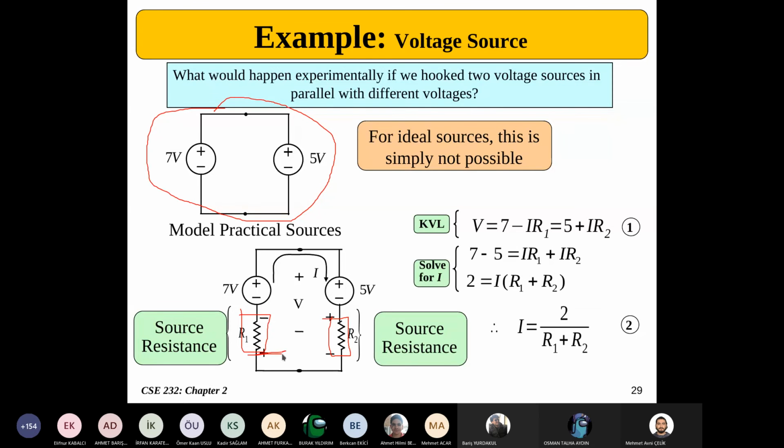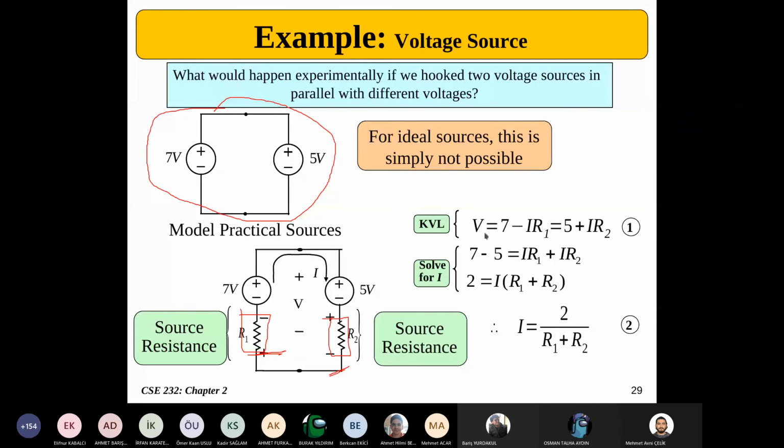Let's assume that the internal resistance of the 7 volt voltage source is R1 and that of the 5 volt voltage source is R2. Now, this is the actual circuit when you connect two batteries together.